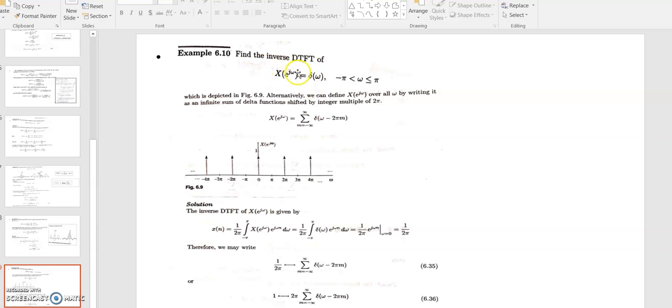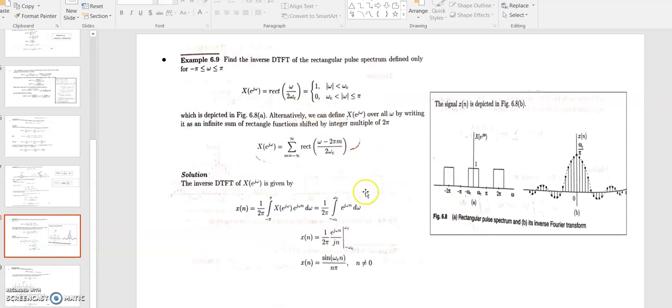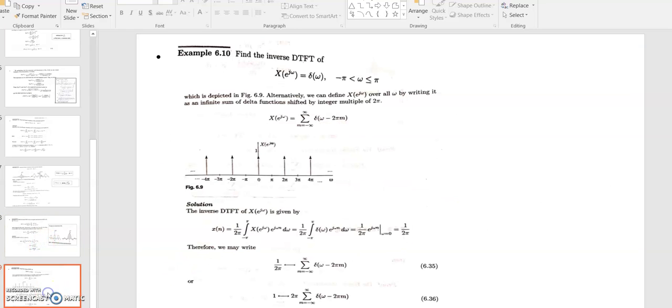Inverse DTFT means it is given in the frequency domain. In the similar way that we have discussed, we use the same procedure to represent this function graphically. How will we represent it? Delta omega in the frequency domain exists at omega equals 0, right? The strength of the impulse is 1.